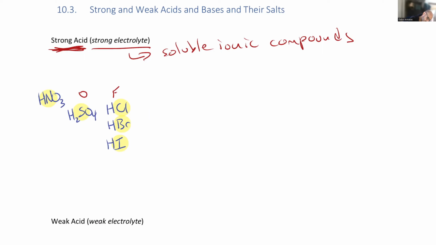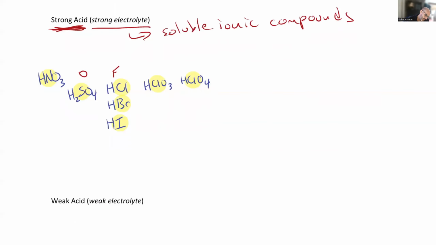I'm going to add two more to the chlorines, HClO3 and HClO4. Those are the other two. Again, these are just chlorines. So that collection right there is the list of strong acids. They donate hydrogens, okay?